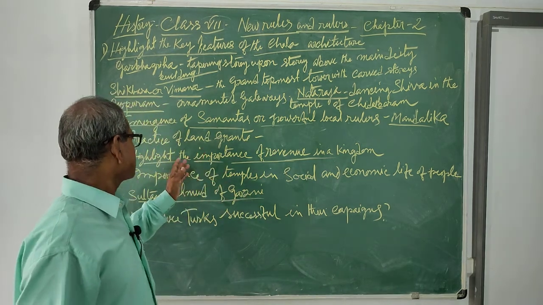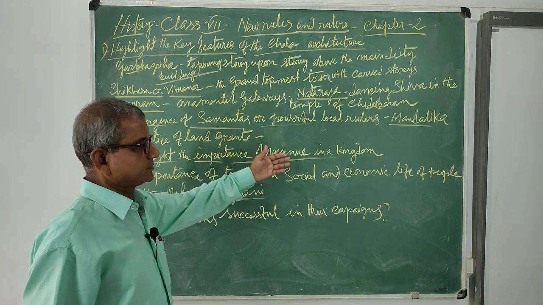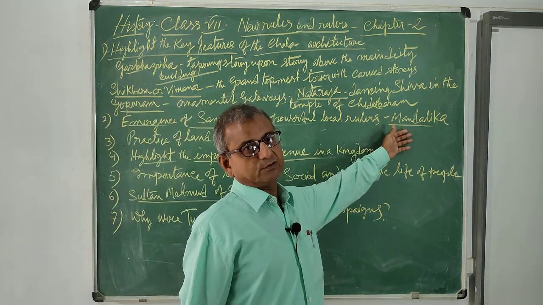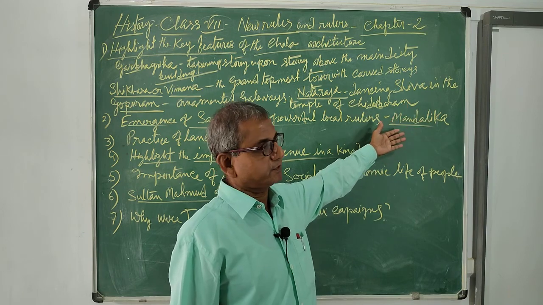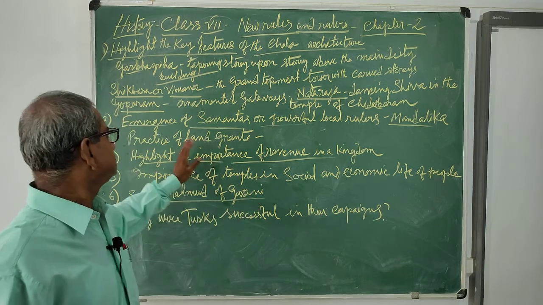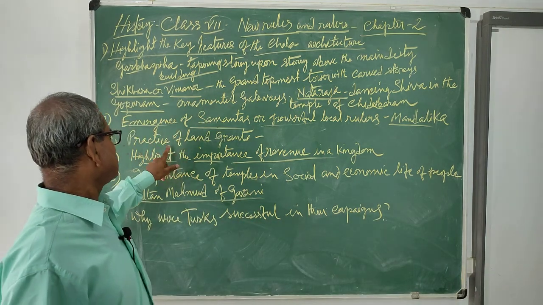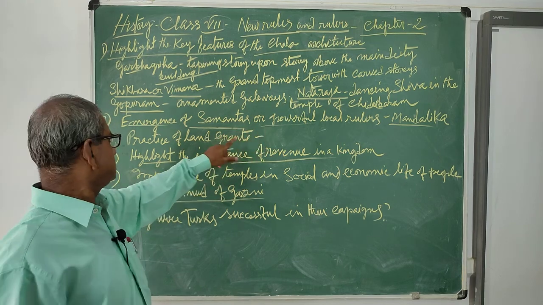These local rulers were very powerful. Sometimes they were known as Mandalika, and they were so powerful that sometimes they established independent kingdoms. So this is the emergence of Samantas, who are also known as feudal lords.